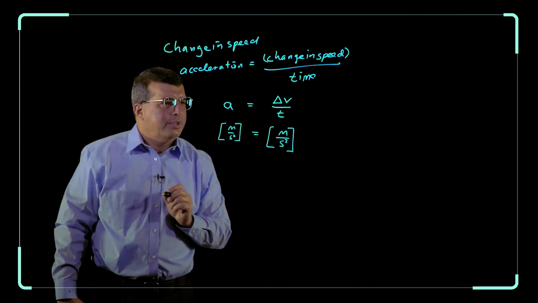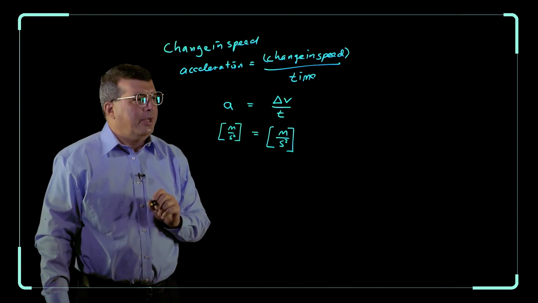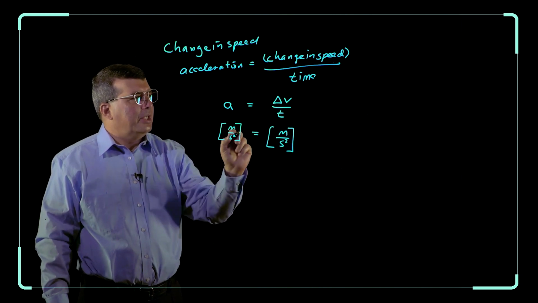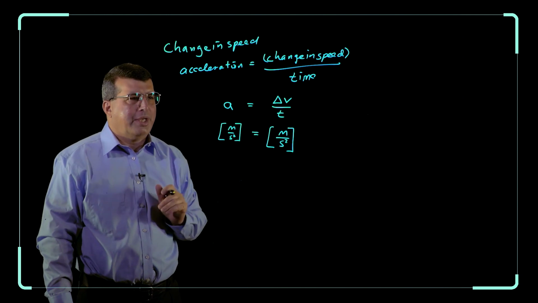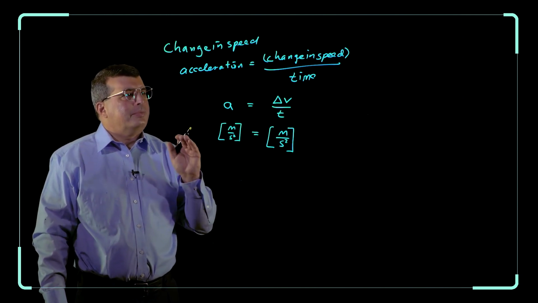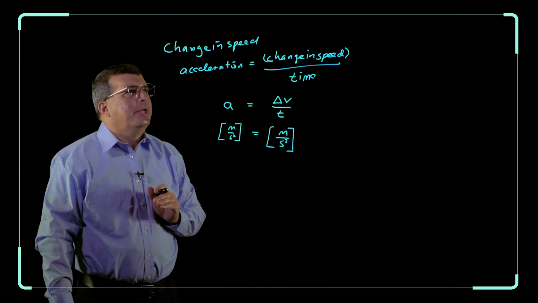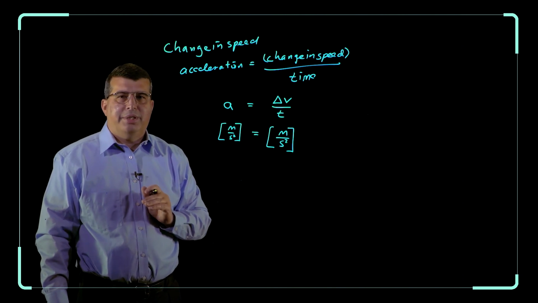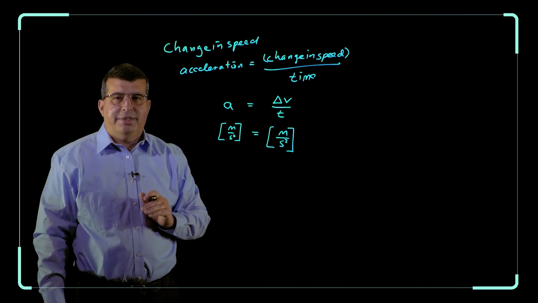So the units have to match on both sides. So the units of acceleration are meters per second squared, and that is the same as change in speed over change in time. So if we have a change in speed, then we would calculate our acceleration as change in speed over change in time.